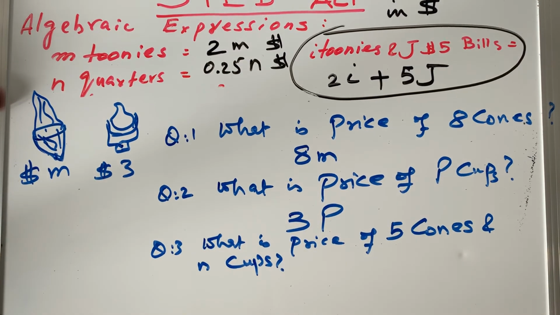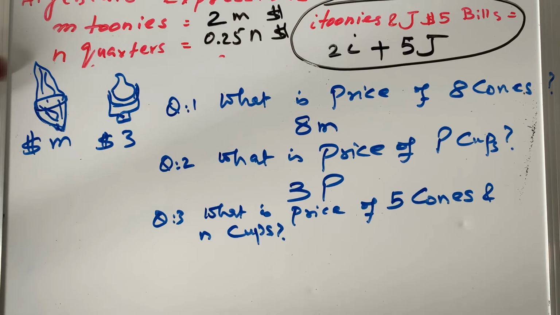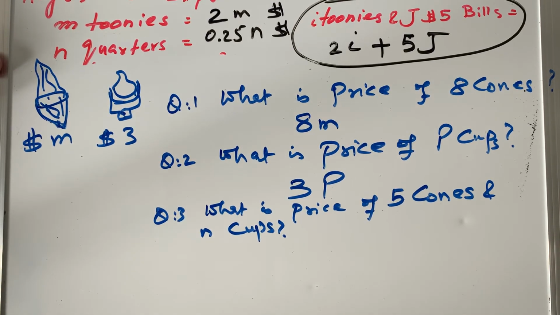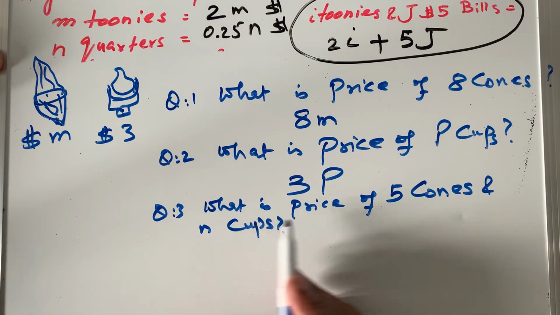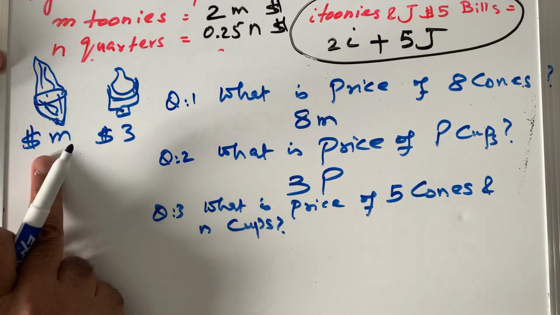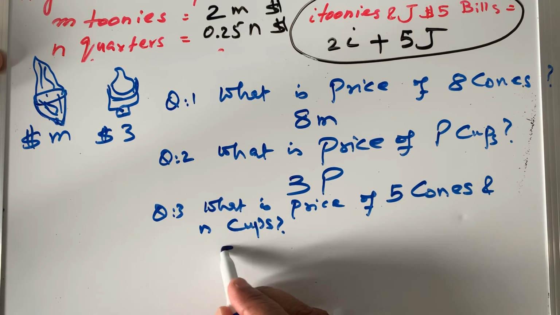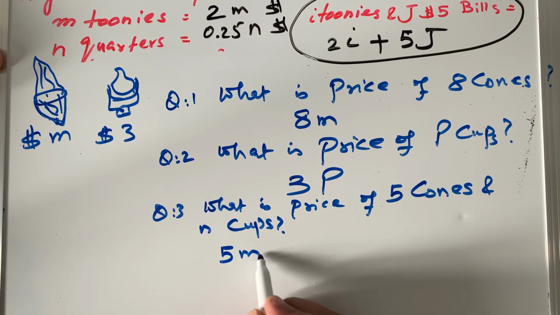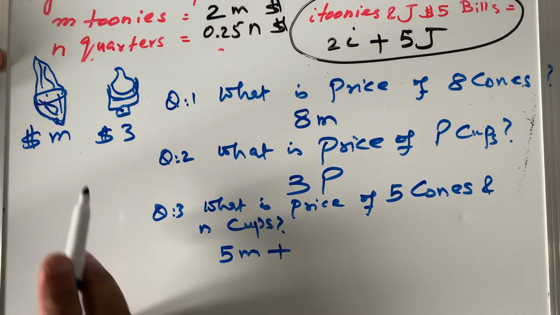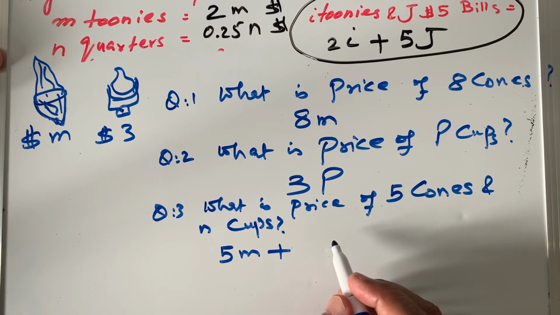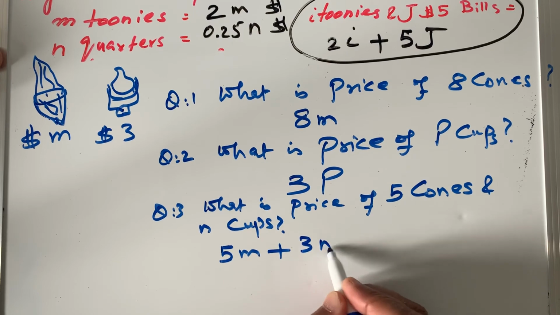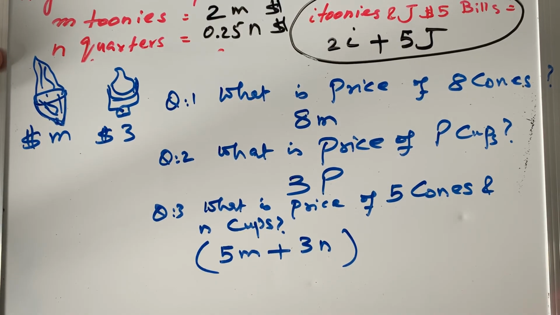So you have to see the question, and then you have to multiply, divide, add, or subtract with the variables to get that number. What is the price of the 5 cones? M is the price. So 5 cones will be 5M plus N cups. 3 is the price of the cup. I have N cups. So I have 3N. Very good. So 5M plus 3N is the price.